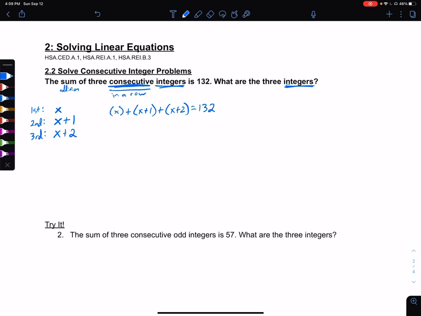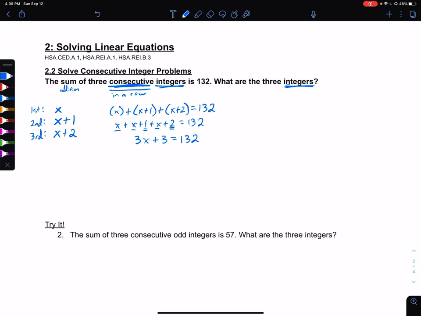The parentheses no longer matter, so we can drop those. It's all addition. Now we can combine like terms. I have x and x and x, which is 3x when I add those up, and we have 1 and 2. So I have 3x plus 3 is equal to 132.